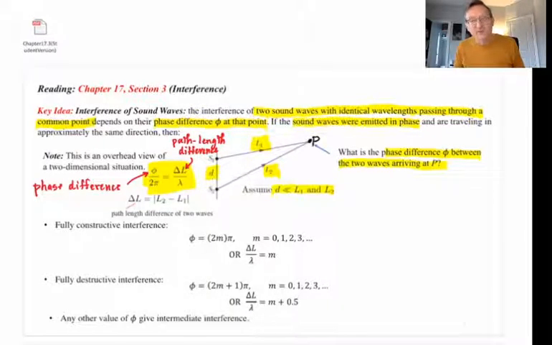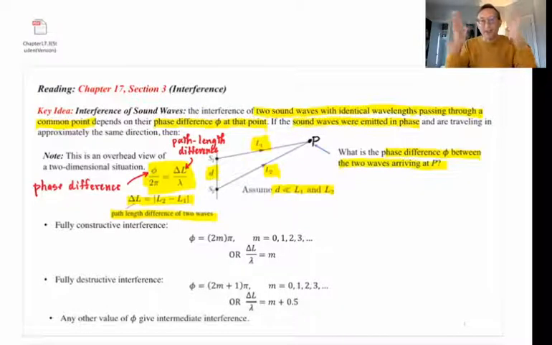Again, the ratio is dimensionless. So phase difference phi in radians over 2 pi equals path length difference, we'll call that delta L, in meters over the wavelength in meters. Delta L, as I said, is the path length difference of the two waves, which I will write as the absolute value of L2 minus L1, meaning I don't care which one's the longer, generally speaking. I just need the absolute value of the difference.